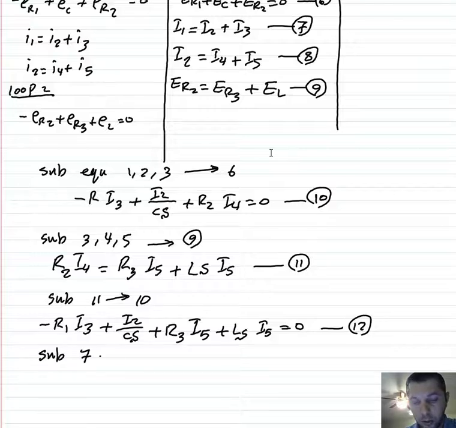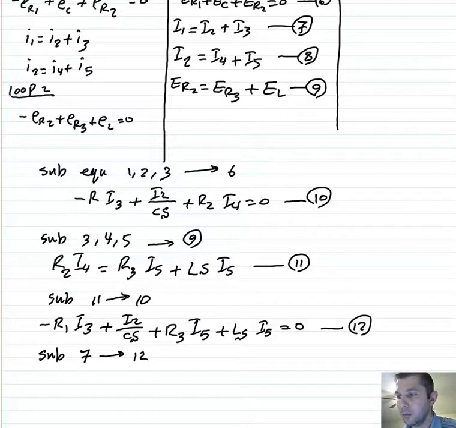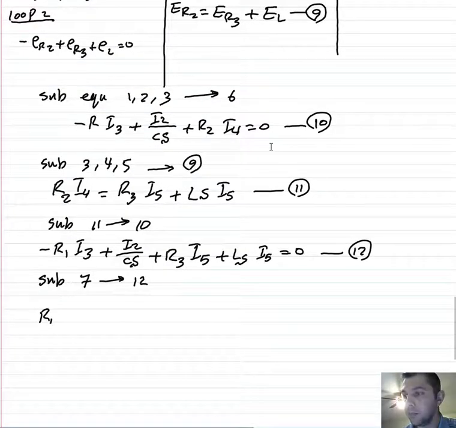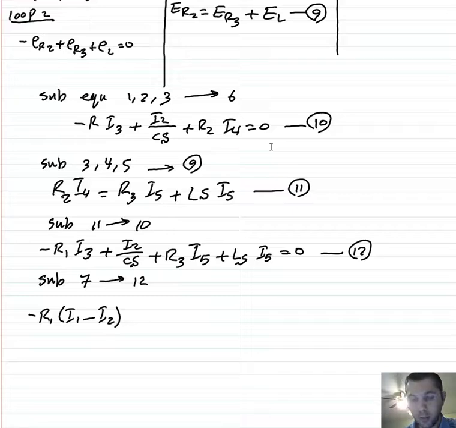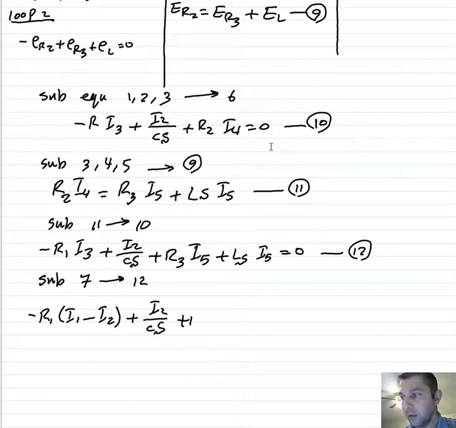Then we will substitute equation 7 into equation 12. And the equation would be minus R1 I1 plus I2 CS plus R3 current 5 plus LS I5 equal to 0. This is equation 13.